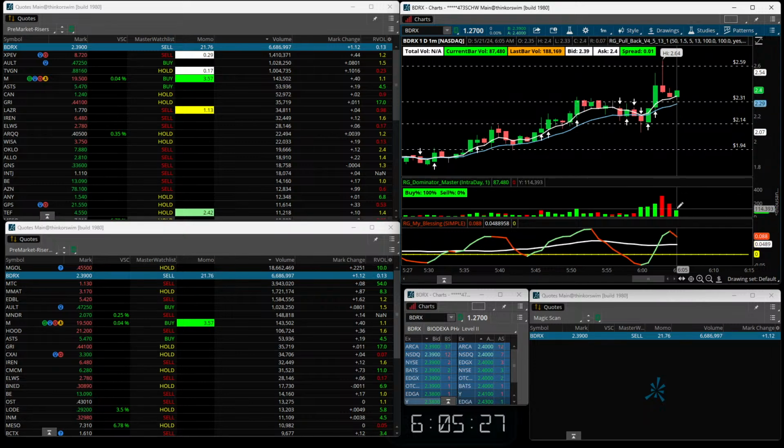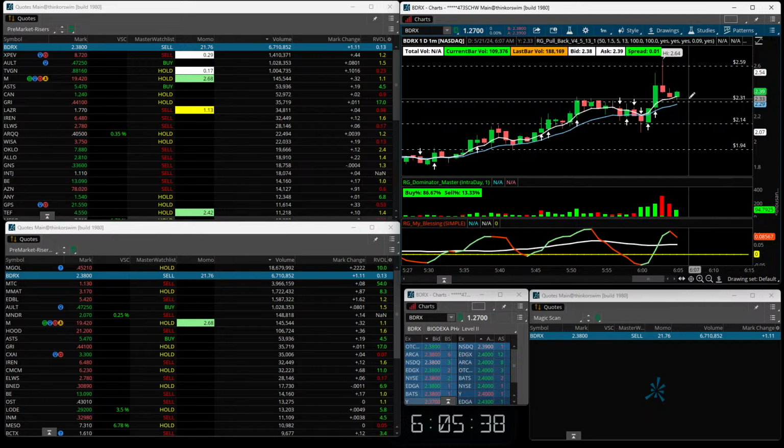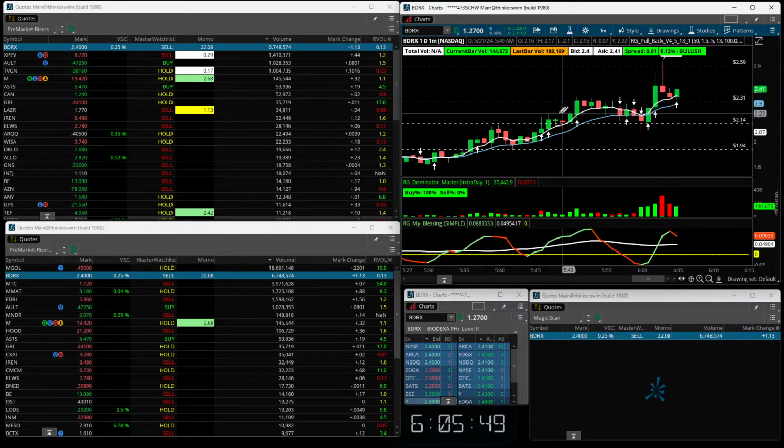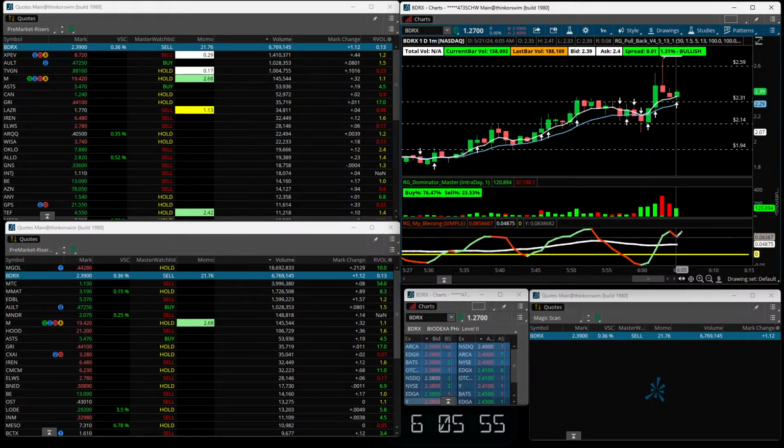And that's providing that you see good confidence in the buyers coming back in and that these indicators are pointing north as much as possible. And the play here would be between 230 and 259 or 230 and 260. Still downward turn on the My Blessing indicator.